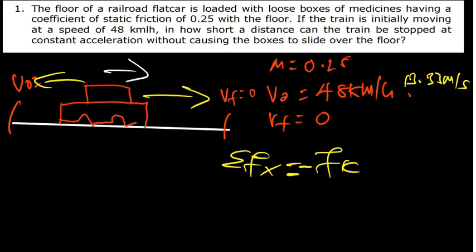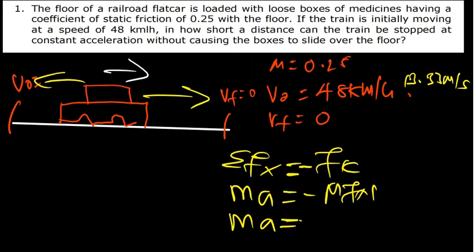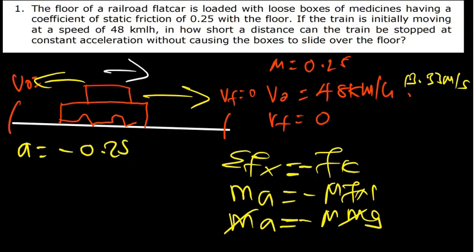According to the second law, it's going to be mass times acceleration is equal to negative mu times normal force. Normal force in this case is going to be mg, so we have mass times acceleration equal to negative mu times mg. We cancel the mass, and acceleration is going to be negative 0.25 times 9.8.